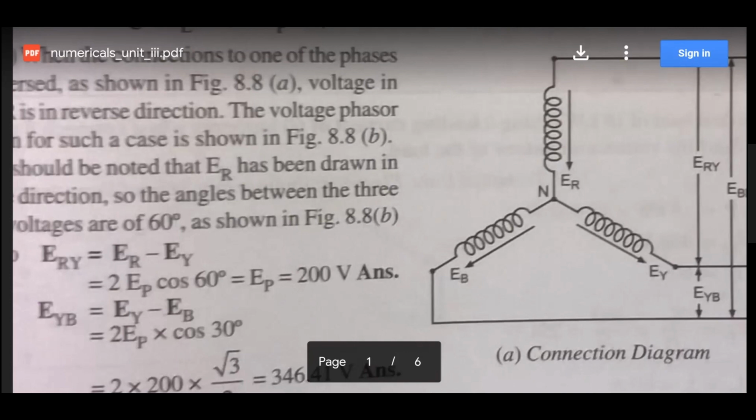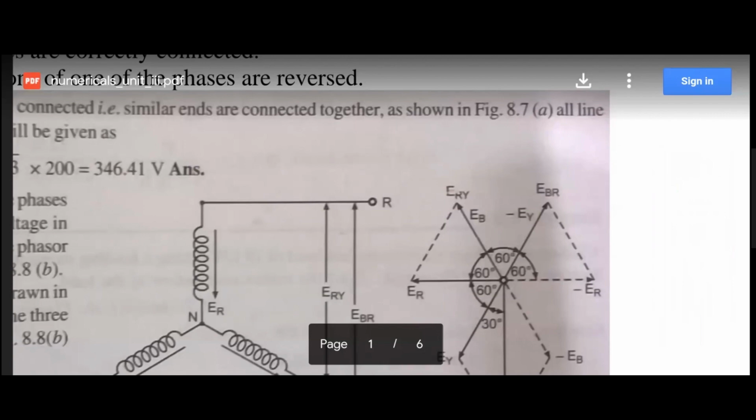ERY is ER minus EY. This is our formula from the vector algebra. Now let us see what is happening. Magnitude ER and magnitude EY is EP. This is our ER vector and this is our minus EY vector. ER minus EY, obviously, will have the resultant in between. Since the magnitudes of ER and minus EY are the same, this line voltage will be the angle bisector.